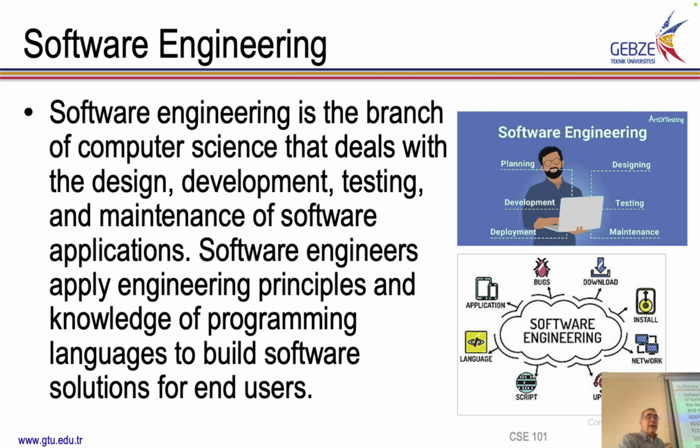Software engineers apply engineering principles and knowledge of programming languages to build software solutions for end users. Believe me, it's very important, and in the age of artificial intelligence, it's more important because software is not going to be written by itself.